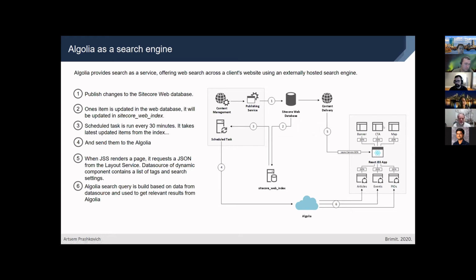So here we can see our React JSS app, and we have, let's say, two types of components: static components and dynamic components. When JSS renders a page, it requests JSON from the layout service, and the data which comes within the JSON for static components is enough to render them.